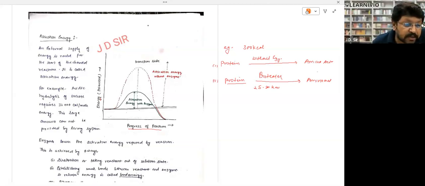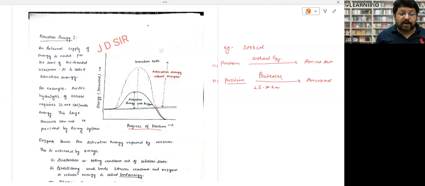Look, this is the energy potential, and this is the progress of reaction. Normally, a substrate converts into product, and the transition of substrate into product requires some energy. The energy required for converting any substrate into product is called transition state energy, or activation energy. Activation energy without enzyme is very high.